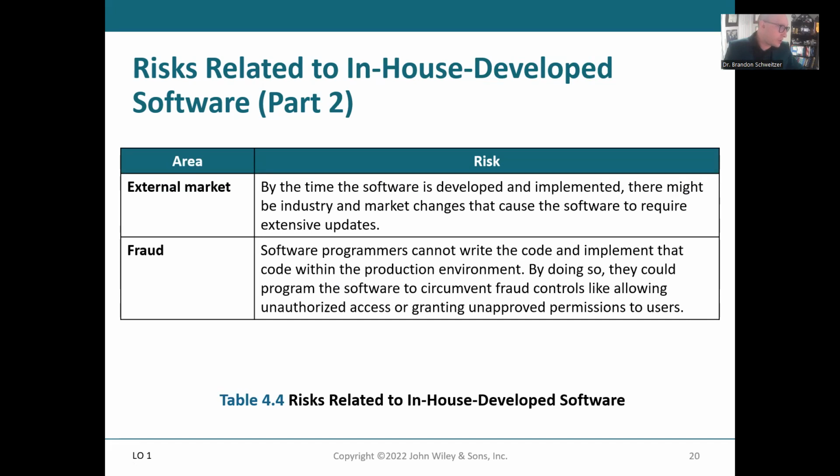More risk. One could be the external market. Sometimes we develop our own software and then we find something outside that's better, easier to use. Or another one is fraud.